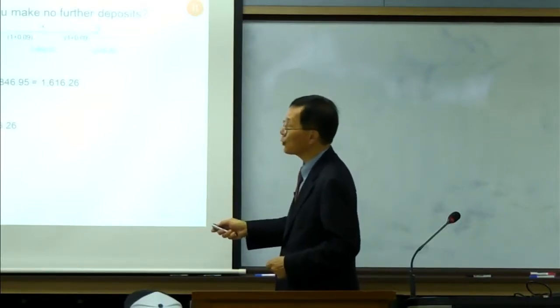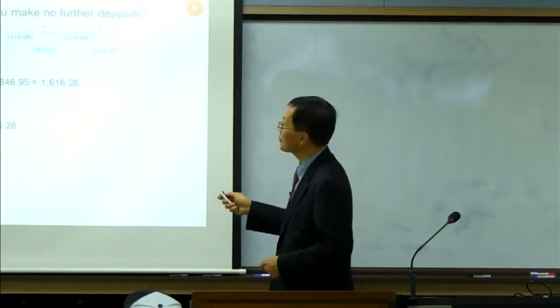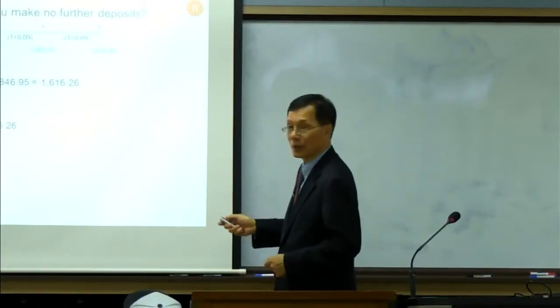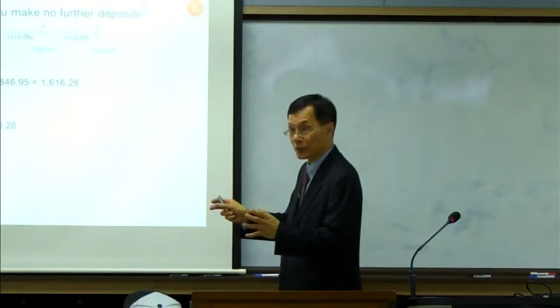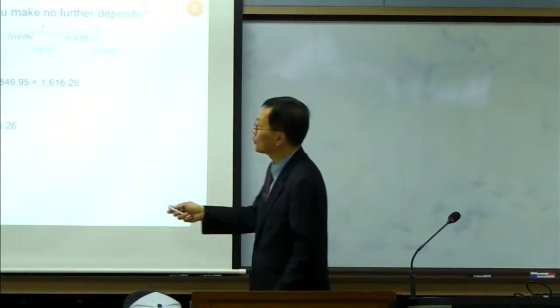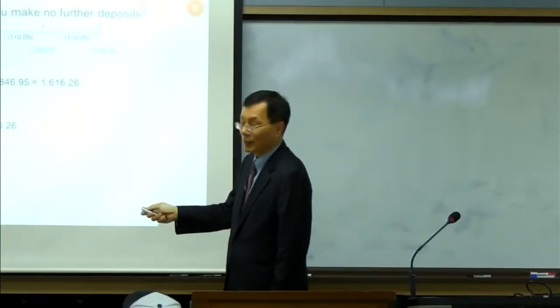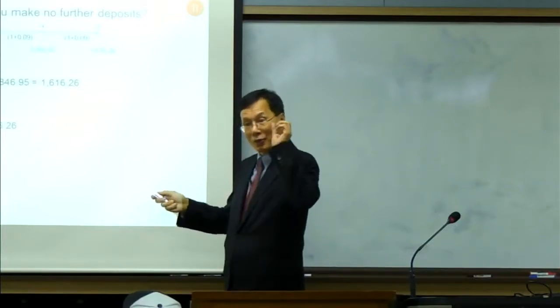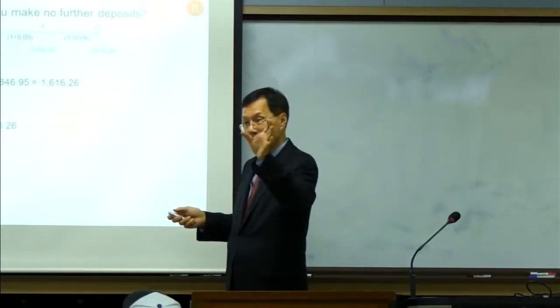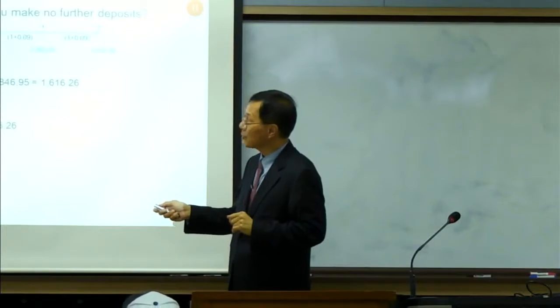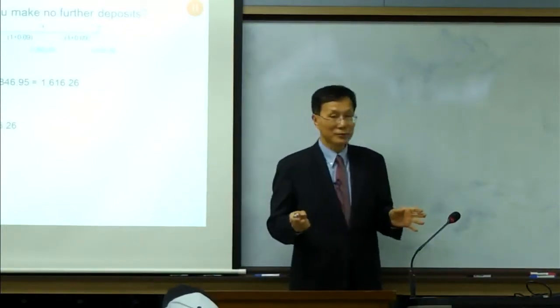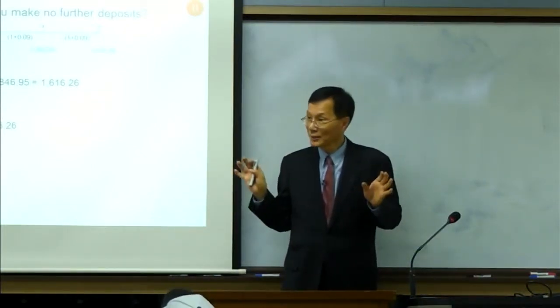And add the two. And in the rest of the years, you don't have any further deposits, so you don't have anything. 500 times 1.09 to the 5th power, compounded over 5 years. And 600, compounded over 4 years. Are you with me? Okay?